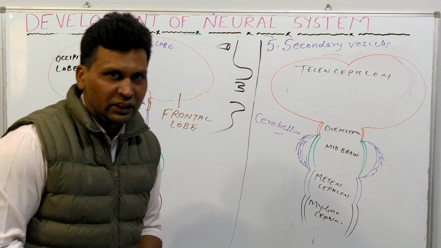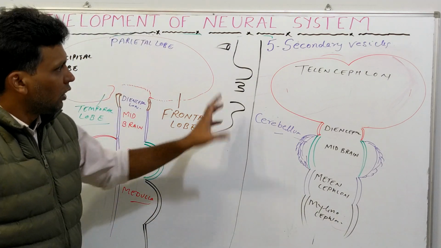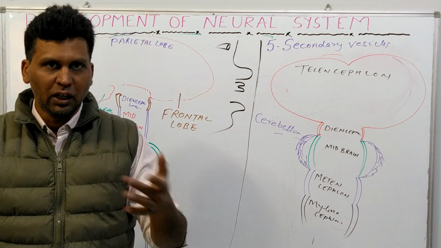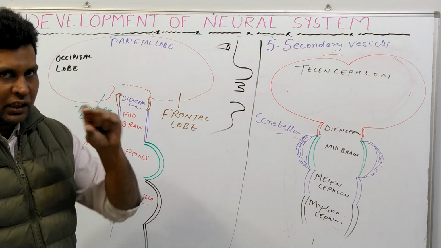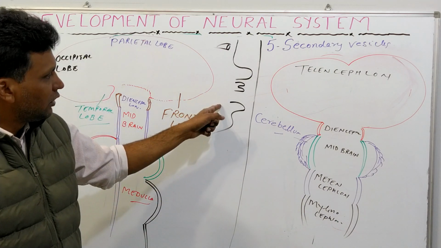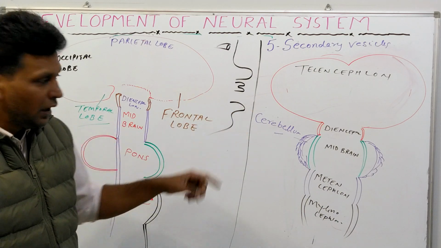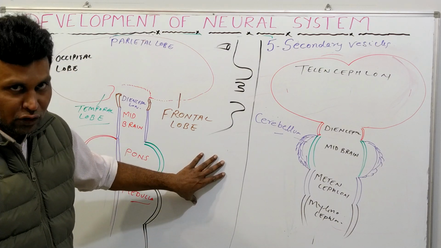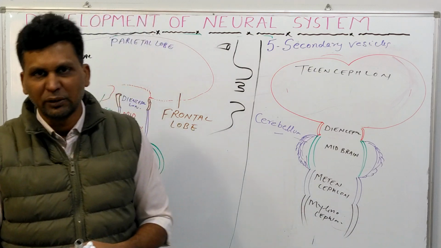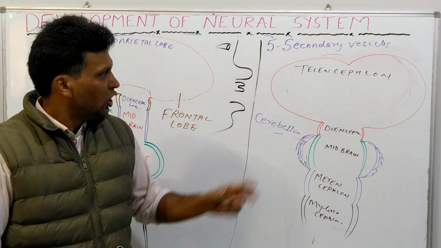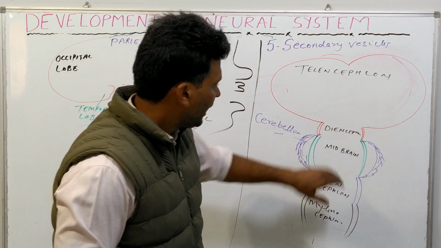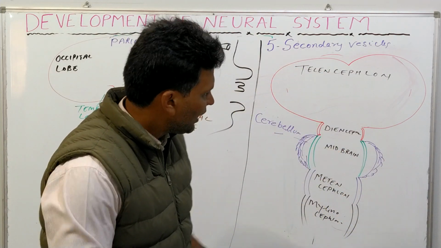Now you can see here, first of all, zygote, morula, blastula, then 2 laminar discs, then mouth, and after that primitive node, primitive streak, then notochord, neural plate, and that neural plate is converted into 3 primary vesicles: prosencephalon, forebrain, mesencephalon, midbrain, rhombencephalon. The 3 primary vesicles converted into 5 secondary vesicles: telencephalon, diencephalon, midbrain, metencephalon, and myelencephalon.